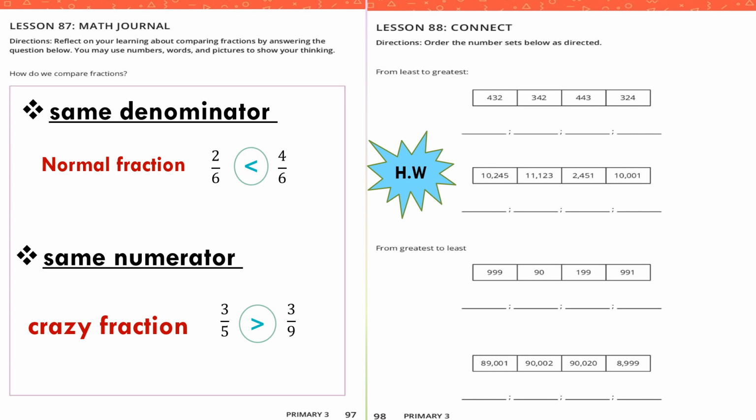Which is smallest here? 324, also 342, and 432, and the last one 443. Complete this page as a homework.